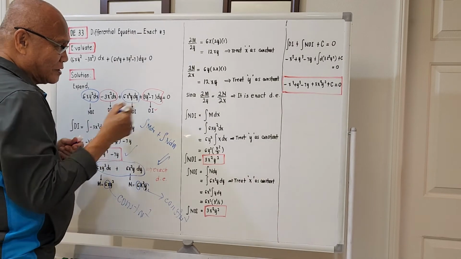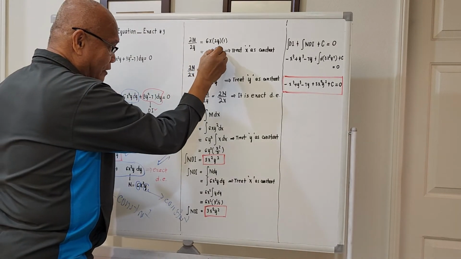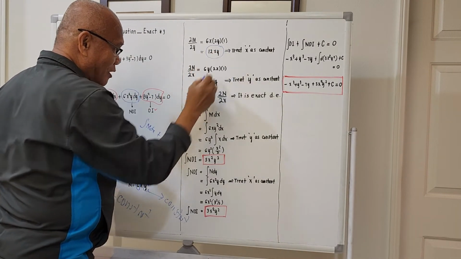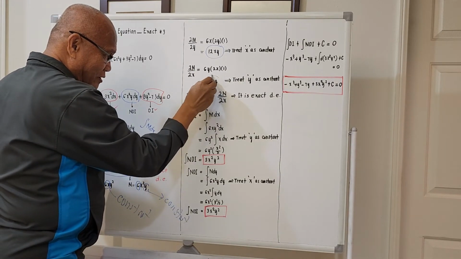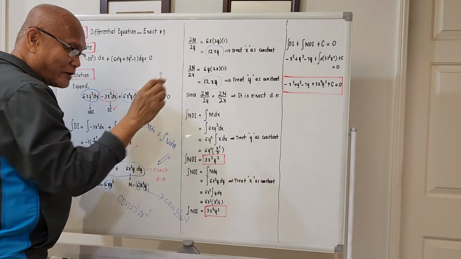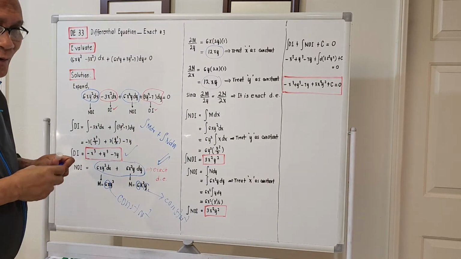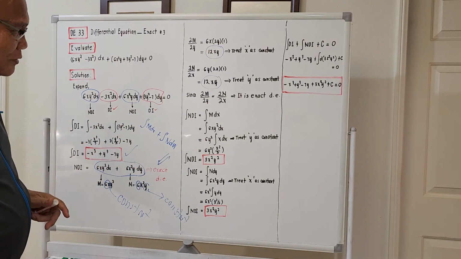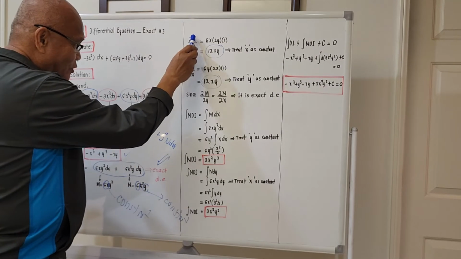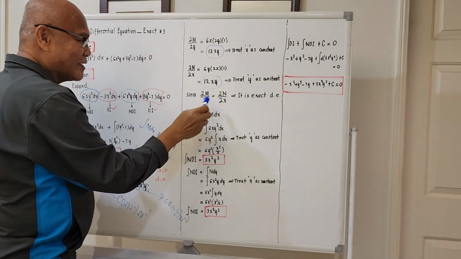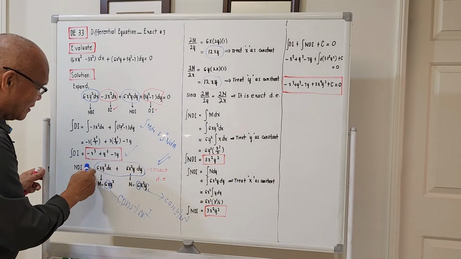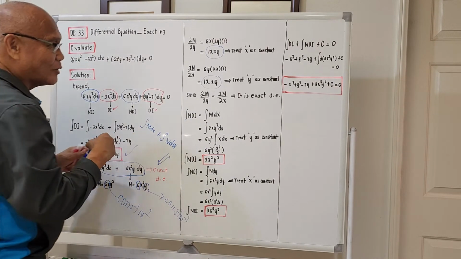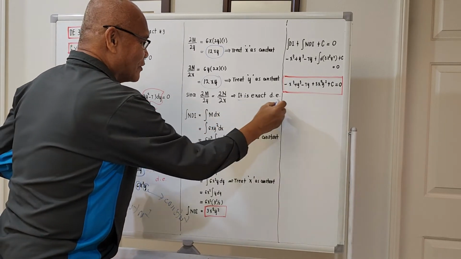So as you notice, the partial derivative of M with respect to y is 12xy, and the partial derivative of N with respect to x is also 12xy. According to the concept of differential equation, if these two values are equal, we could say that the given NDI is actually an exact differential equation.